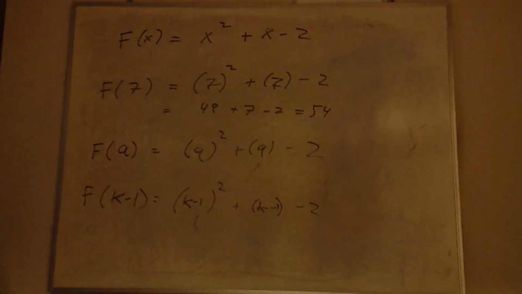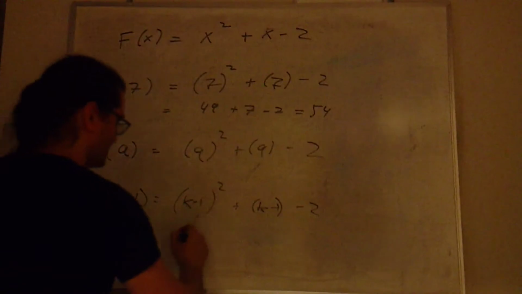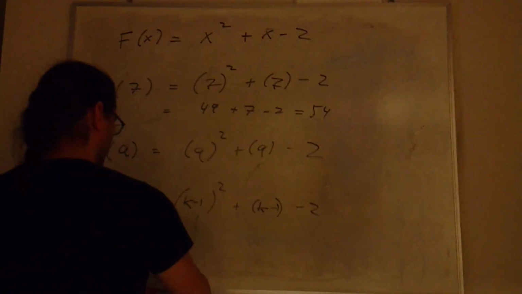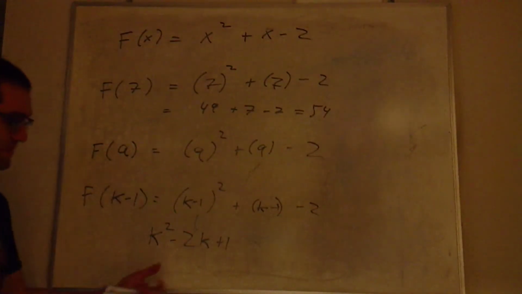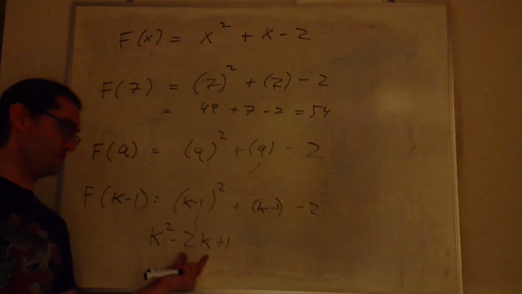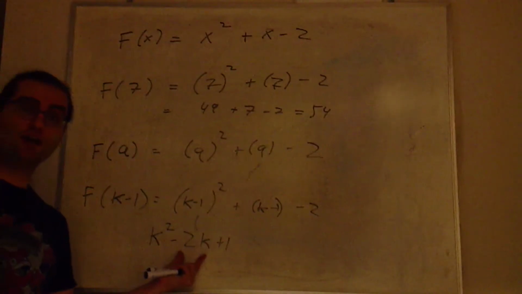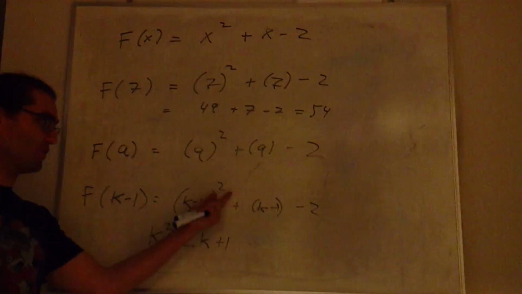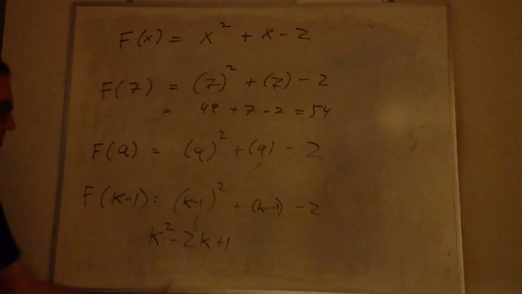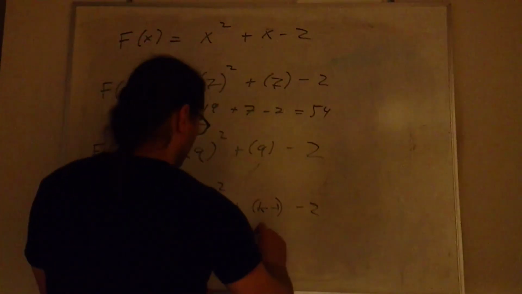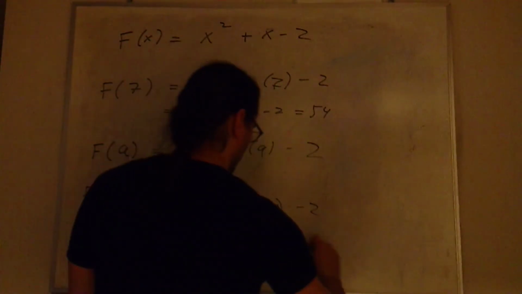Now there's a lot more simplification that has to happen. k minus 1 squared is k squared minus 2k plus 1. If you're following along at home and you didn't remember this minus 2k, don't do that. Exponents do not distribute over addition and subtraction. You have to FOIL this. Plus k minus 1 minus 2.